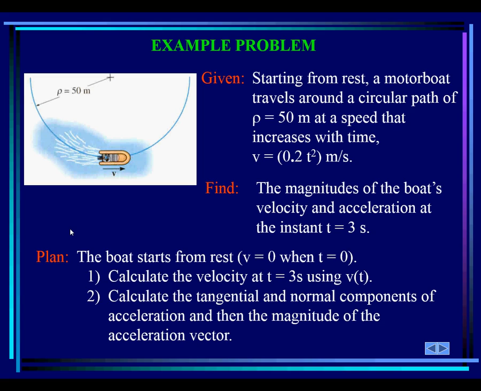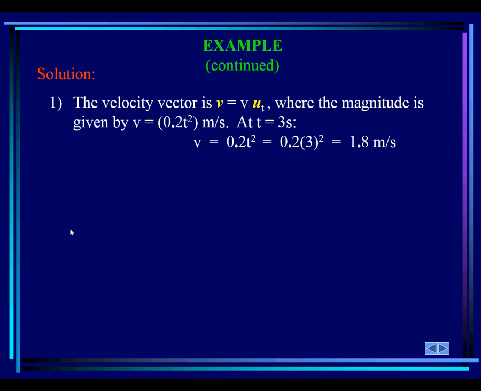And then we calculate the tangential and normal components of the acceleration, then the magnitude of the acceleration vector. If you know the components, all you have to do is add those two vectors in vectorial form, and that's it.